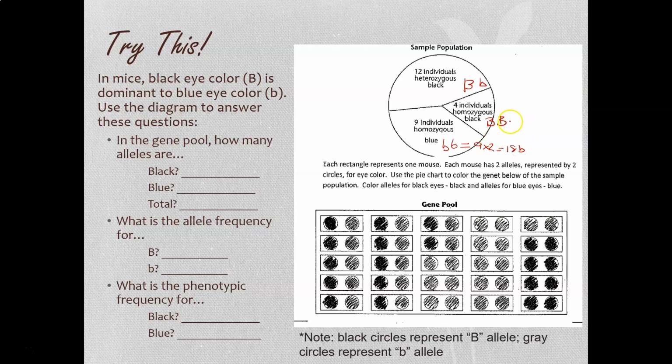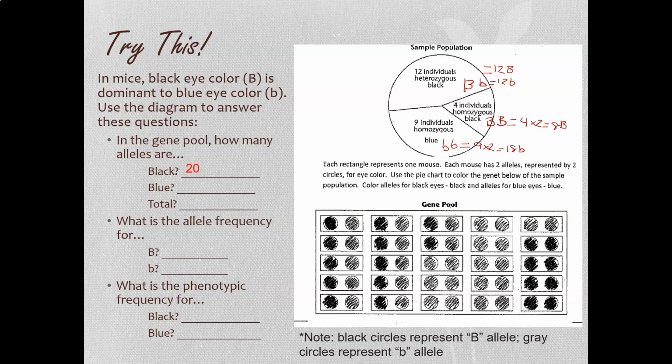If I look here, these guys are dominant, so there's 4 of them, right, but they are contributing 2 each, so I have a total of 8 big B's from there. These guys up here are each contributing individually 1 of each, so 12 big B's and 12 little b's, and then I'm going to add those together.